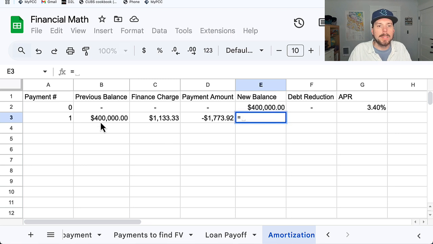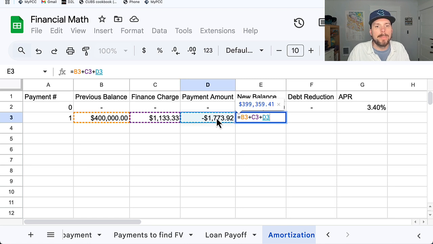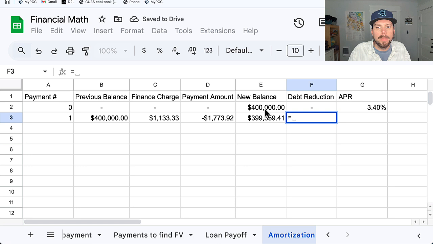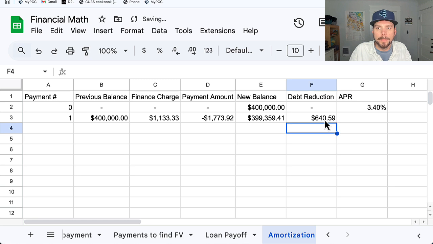And now my new balance is the previous balance plus the finance charge. And I'll add this negative payment amount to reduce it down. My debt reduction is the difference between the new balances month to month, actually just one above the other right here. That one doesn't get brought down, but now the rest of these can.